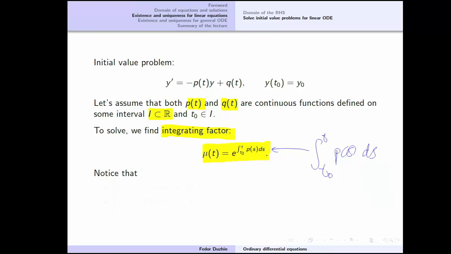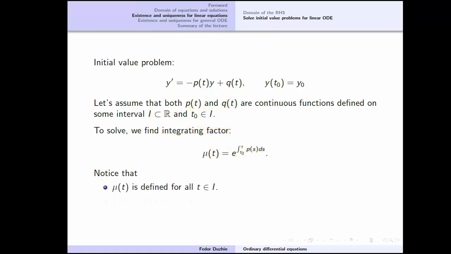This integral is at least theoretically computable whenever t is anything from the same interval. So in other words, the domain of the integrating factor is still the whole interval I.